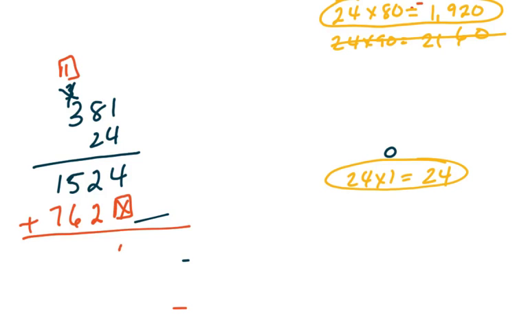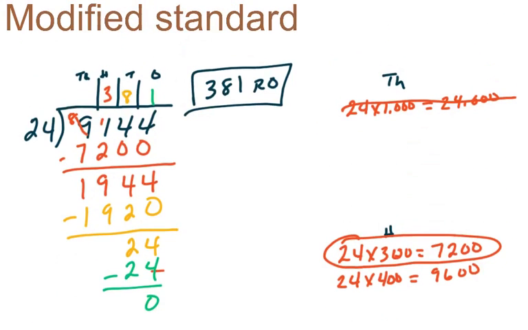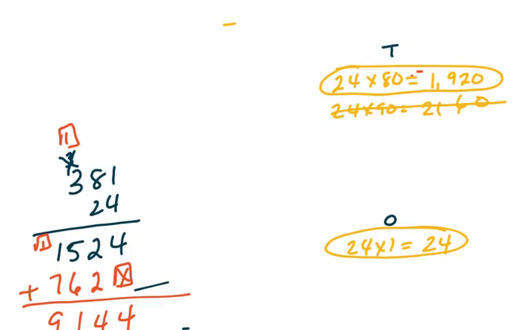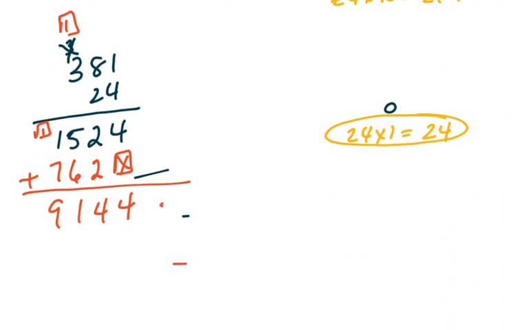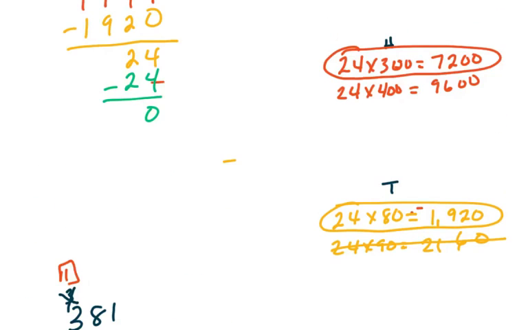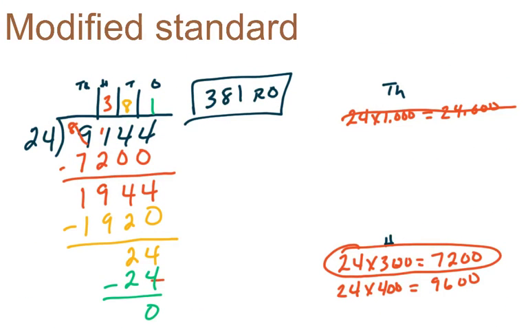We add everything up. 4, 4, 1 there. Regroup 1. 9,144. We go back and we check our dividend. We do check. So that's the Super Gucci sign to let us know we checked, and now we were able to complete that one.